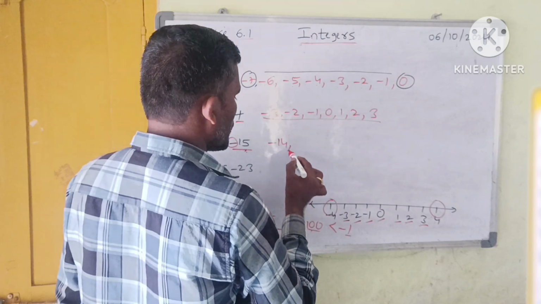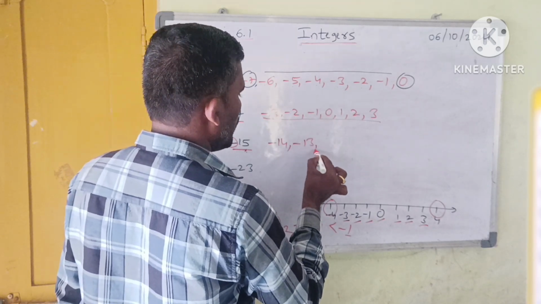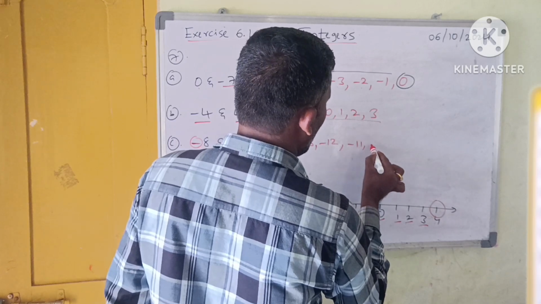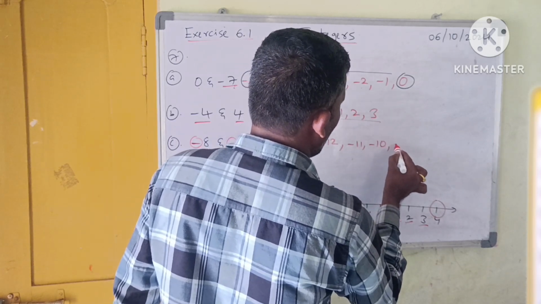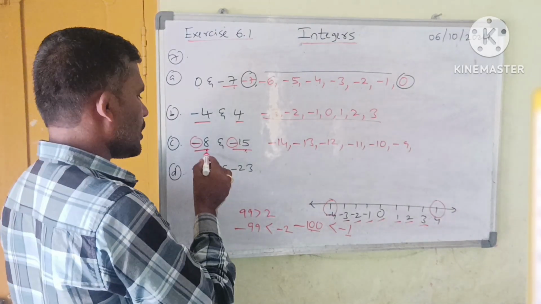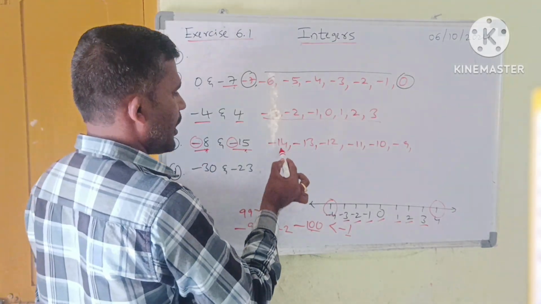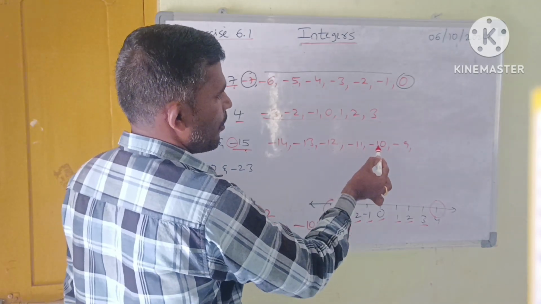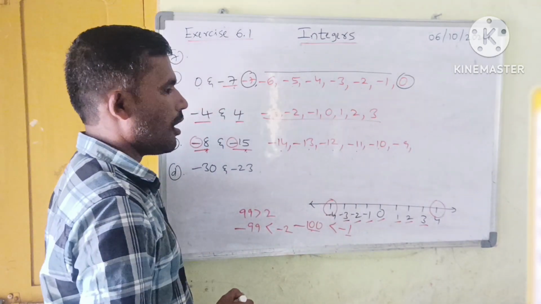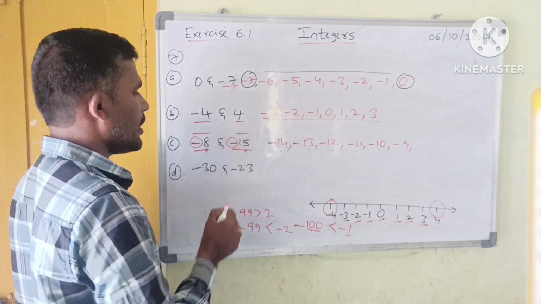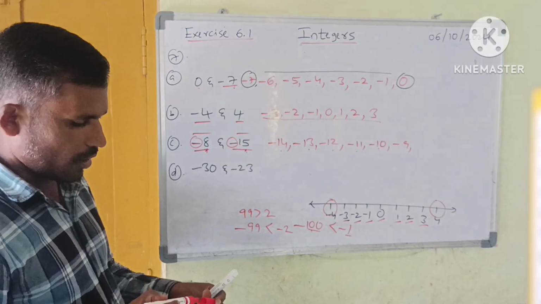Next greater, increasing, small to big: minus 13, minus 12, minus 11, minus 10, minus 9, and minus 8. Minus 8 is already given. So minus 14, minus 13, minus 12, minus 11, minus 10, minus 9 are the middle integers between minus 8 and minus 15.